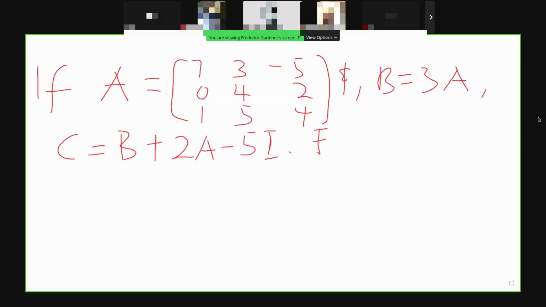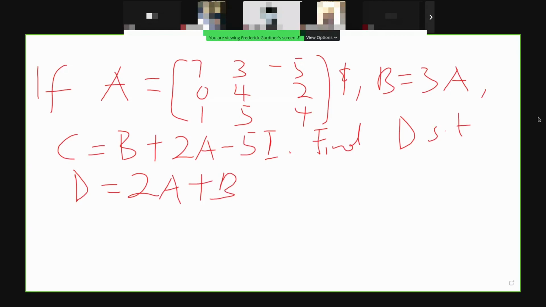Find D such that D is equal to 2A plus B minus C. Please look at it and see if you have an idea.